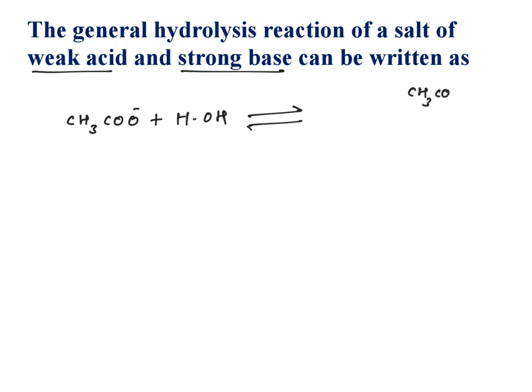Sodium acetate dissociates into acetate ion plus Na plus, and here Na plus cannot participate in the salt hydrolysis; only the anion participates. The anion will abstract H plus from water, converting it into acetic acid, and OH minus is left.